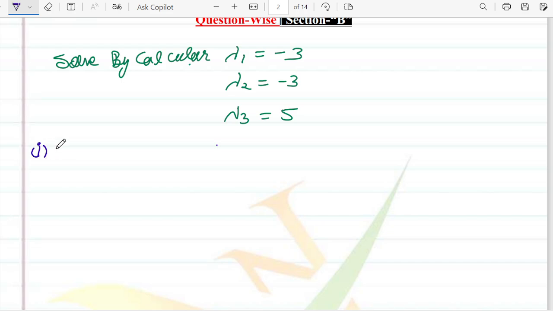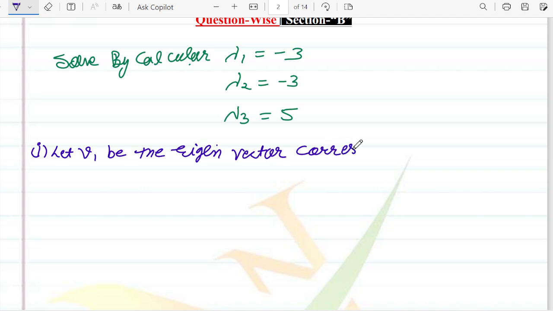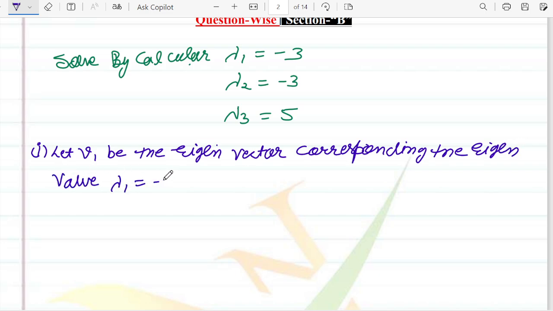Now find number first. Let V1 be the eigenvector corresponding to the eigenvalue lambda 1 is equal to minus 3, or V2 for lambda 2 is equal to minus 3.